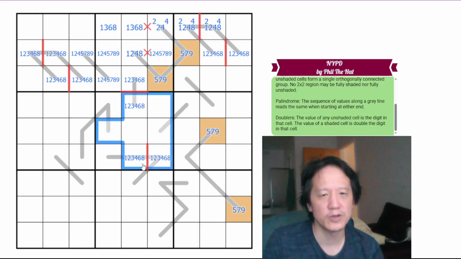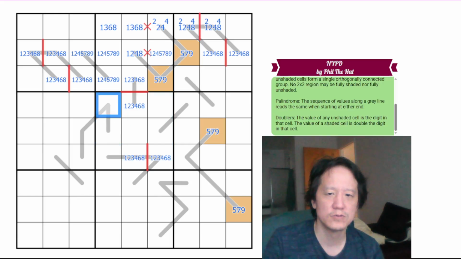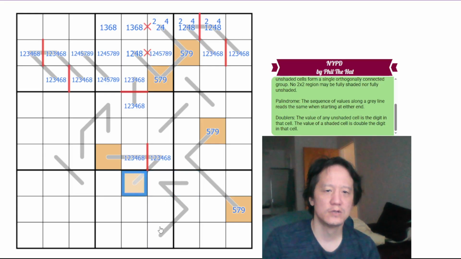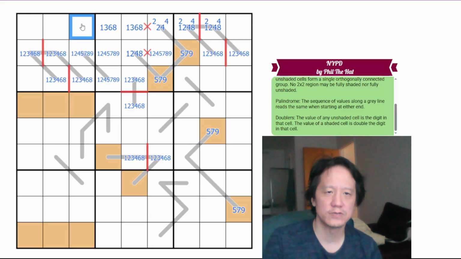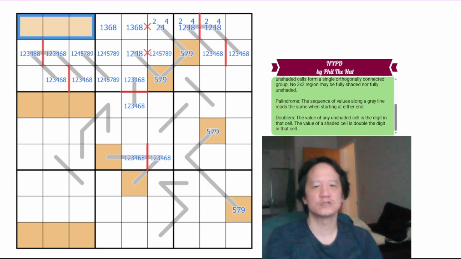So it's one of these two. If it's here, it would have to be here, which is not valid because you already have that in that row. So it would have to be here, which forces that to be here. So it must be the same as that. That's fine. That means one of these is orange. One of these is orange, and one of these is orange. So that doesn't restrict anything.